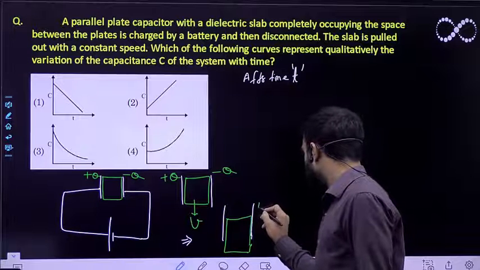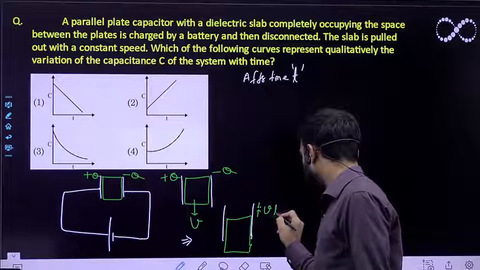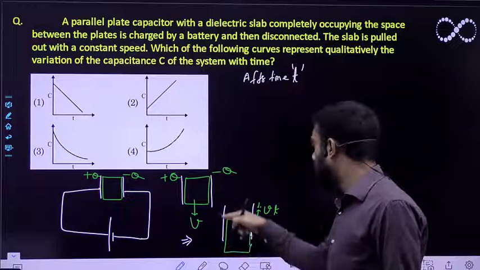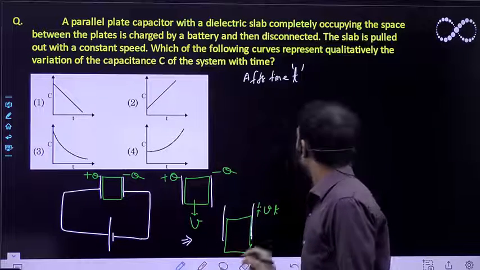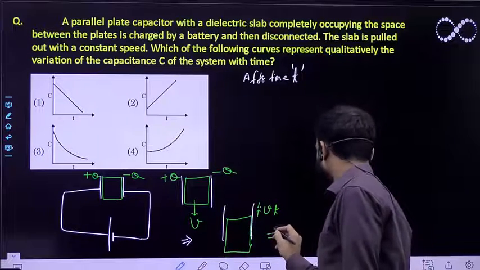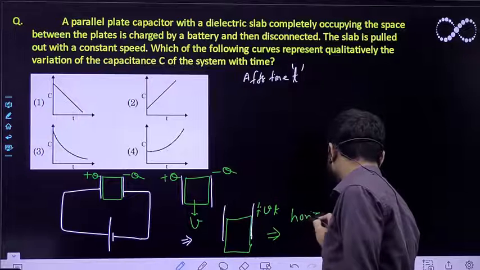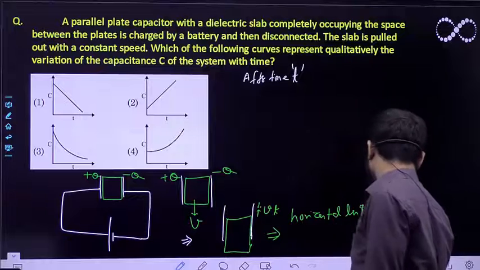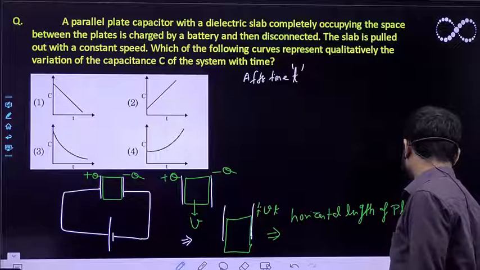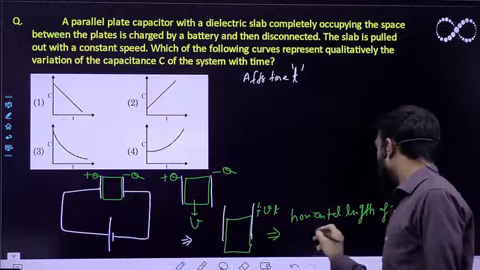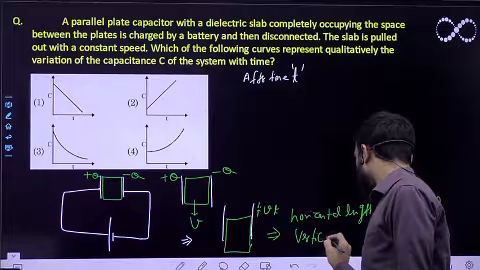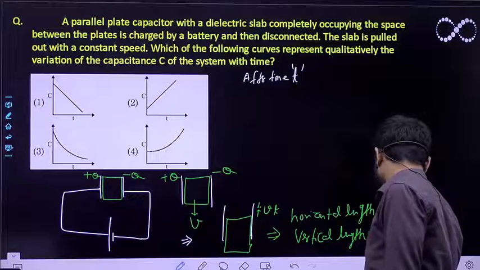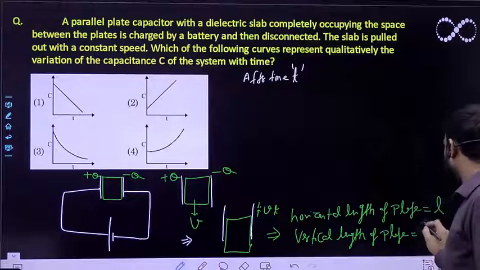So let us assume the horizontal length of the plate is L, and the vertical length of the plate I will take as B.